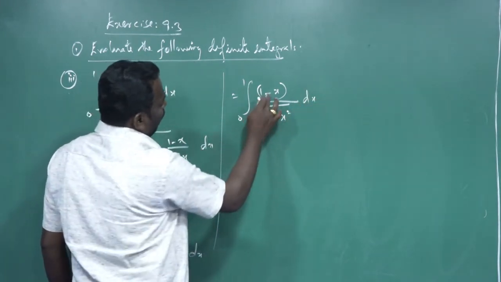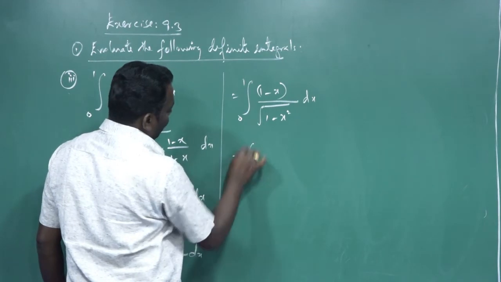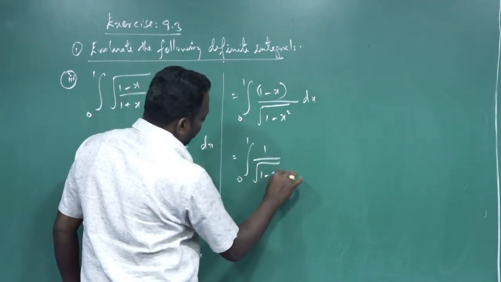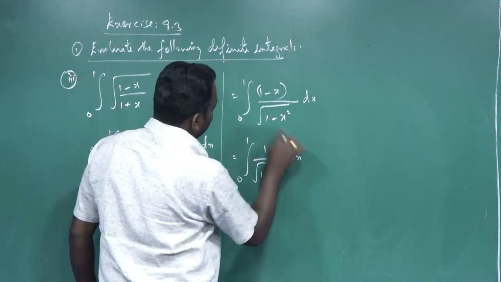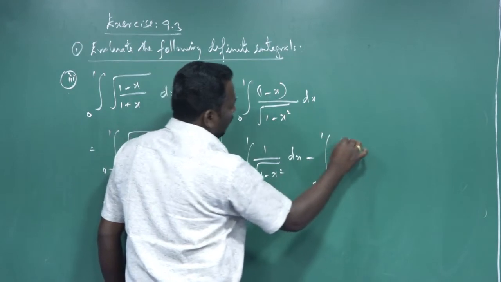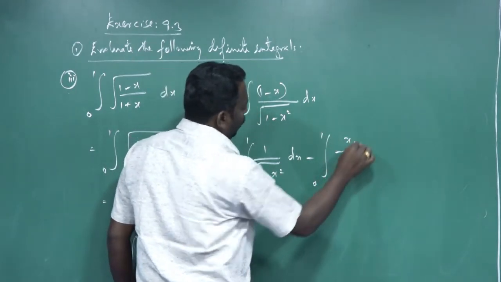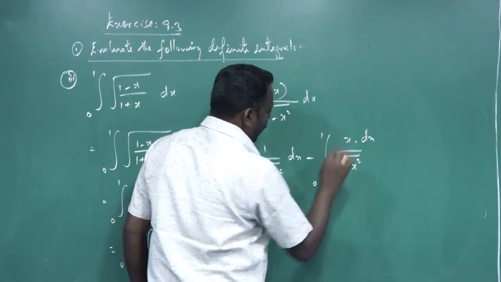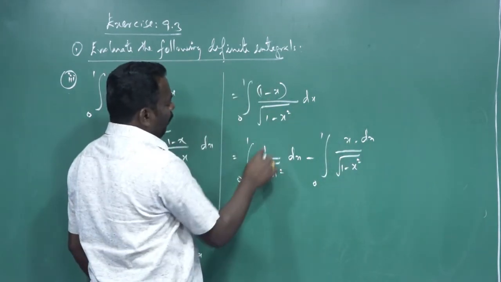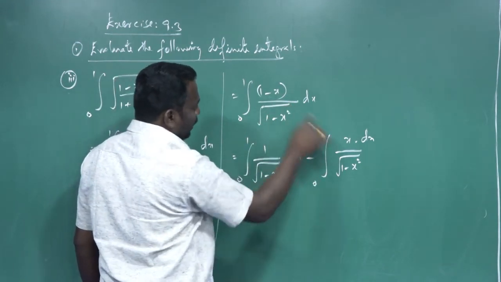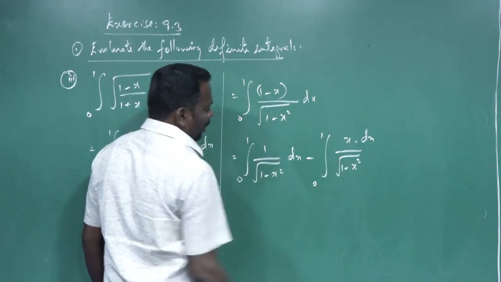Now separating the numerator, that is equal to the integral from 0 to 1 of 1 by the square root of 1 minus x squared dx, minus the integral from 0 to 1 of x dx by the square root of 1 minus x squared. Just separating the numerator: 1 by square root of 1 minus x squared minus x by square root of 1 minus x squared.